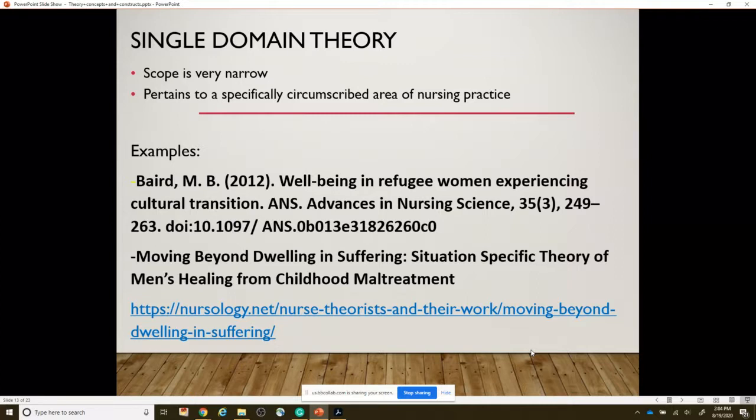Some of the core theorists are trying to reclaim that term and say the field should be nursology instead of just nursing, particularly at the theoretical and research level. I don't know if that's ever going to happen in terms of a term for our field. However, I wanted to give you an explanation of what nursology means and to point you to this resource.